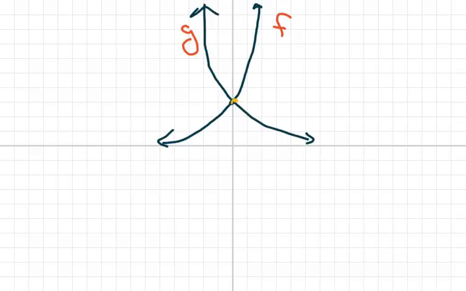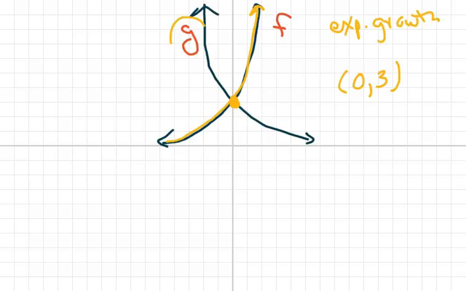They're not perfect, but they have the same y-intercept at 0, 3, but this one is going up. It's exponential growth. And my g is actually going down.